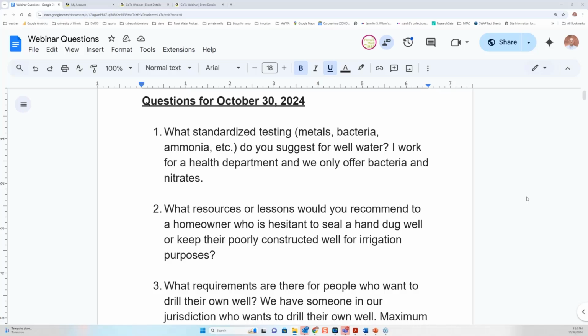What resources or lessons would you recommend to a homeowner who is hesitant to seal a hand-dug well or keep their poorly constructed well for irrigation purposes?